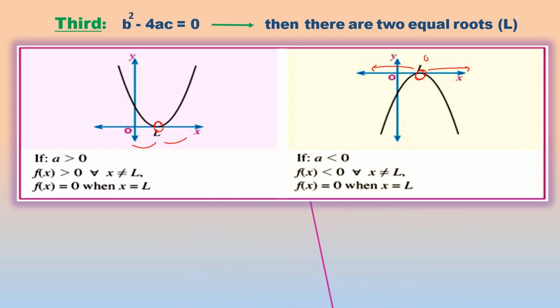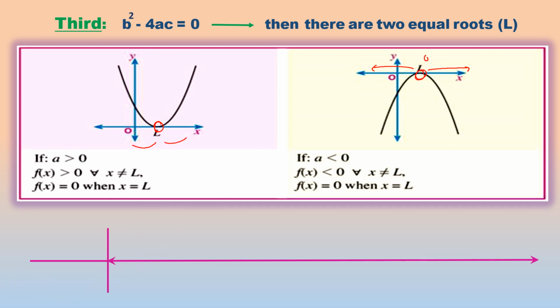So the representation for this rule will be negative infinity to infinity, and we represent only one answer, which is M.